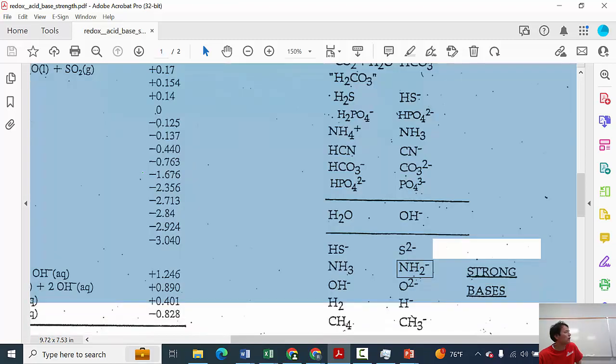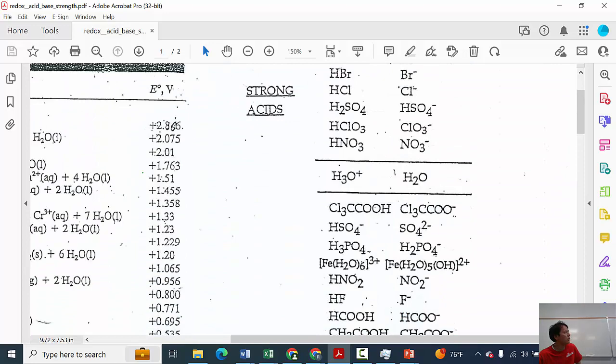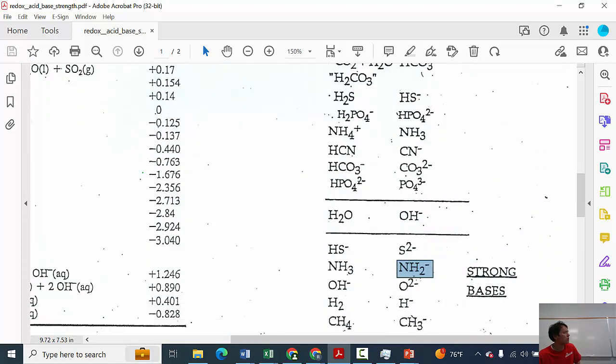And so for each acid we have over here on the left, we have something called the conjugate base on the right. And these are pairs. So if the acid is very weak, its conjugate base is very strong. Or if the acid is strong, its conjugate base is very weak. And so these are all very strong conjugate bases of these very weak acids. Methane we don't even consider. We don't even consider that an acid.